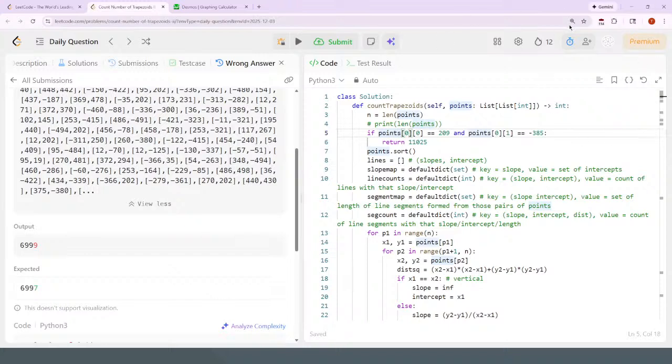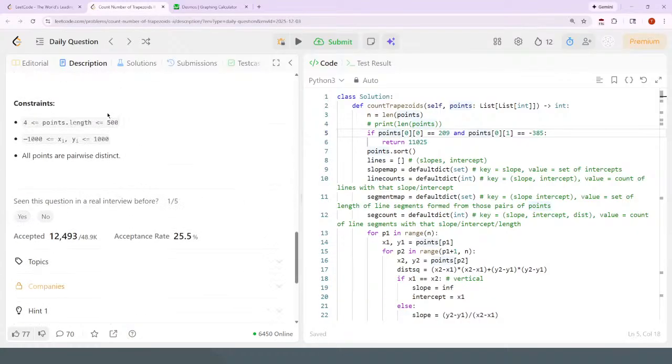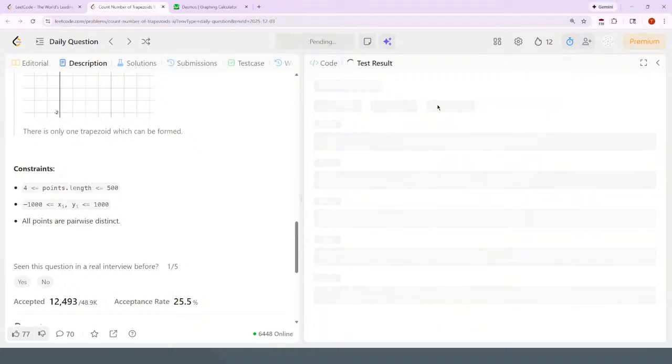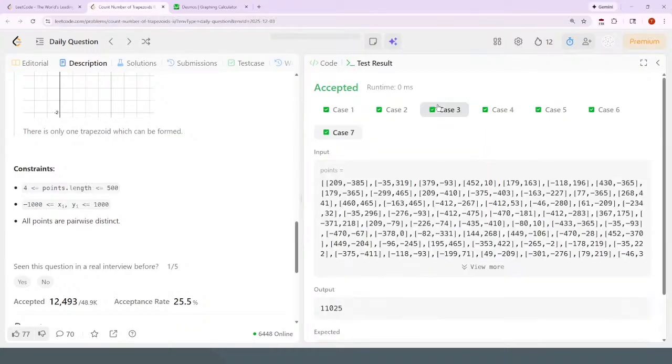So for every slope in P1 to P1, okay, all points are distinct. Wonder if I actually need to sort the points. Don't think so, right? It's not helping me at all. Oh, did sorting points actually hurt me somehow?